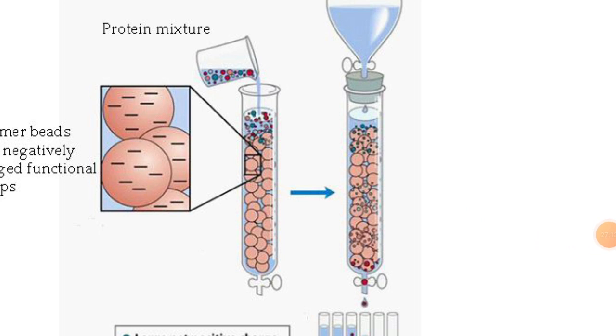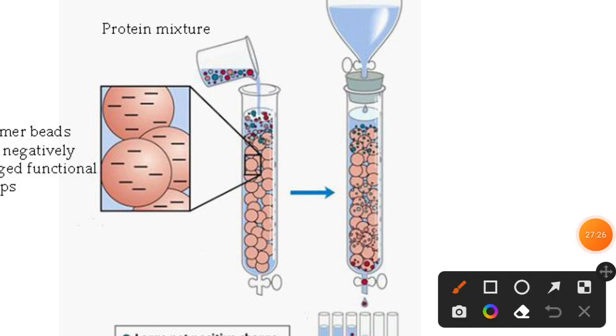So now here the mobile phase, that means the mixture of the buffer and the sample, should have an appropriate pH because we are using a buffer, right? And as we have used the buffer, that means we know what will be the charge of our mixture.